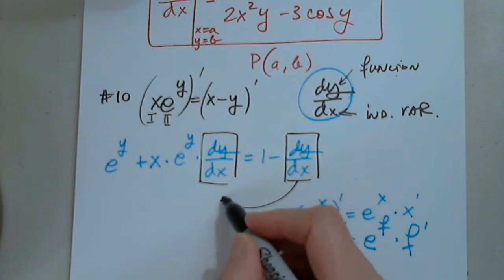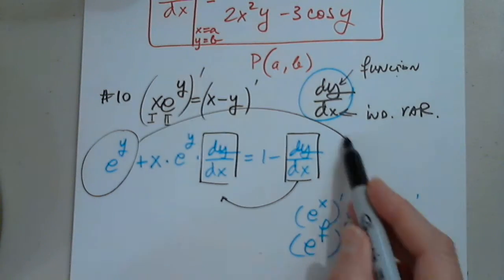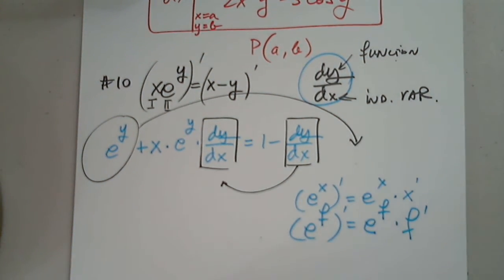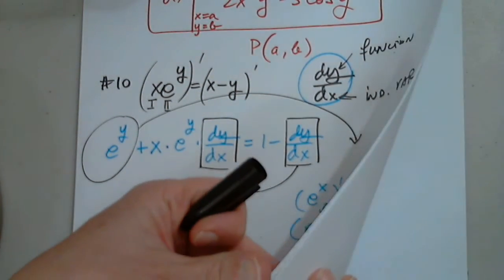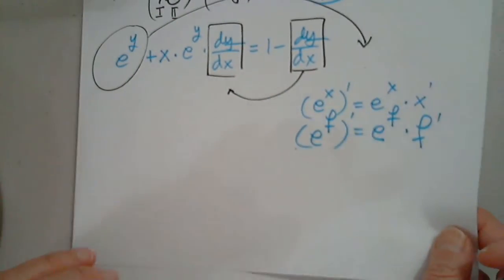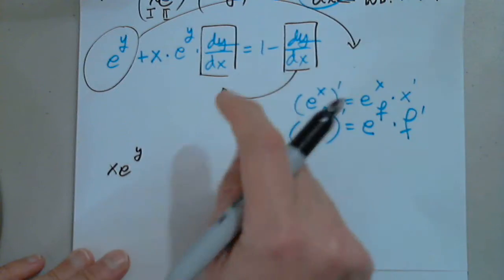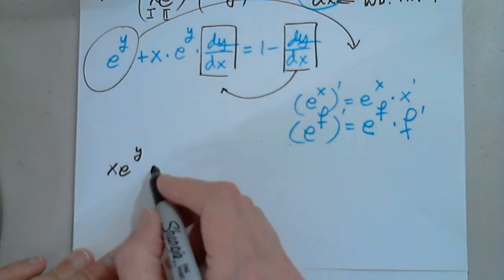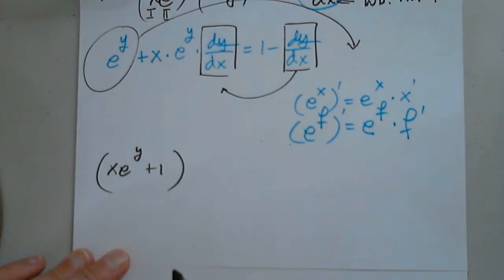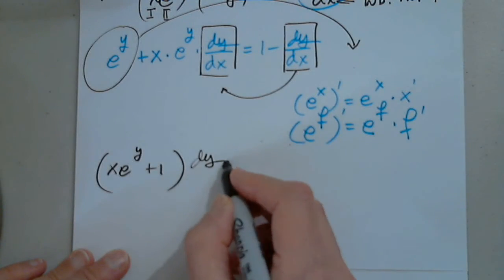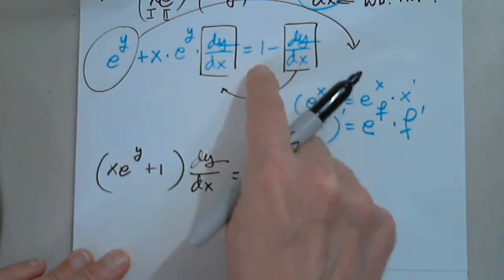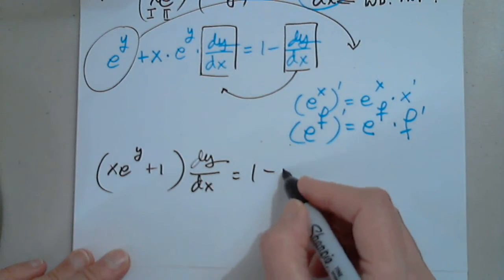I want this one here, and I want this one here. And I want to do it in 1 step. You can do it in 2 steps if that's what you want. So this is x e to y plus 1 dy over dx. And this is 1 minus e to y.